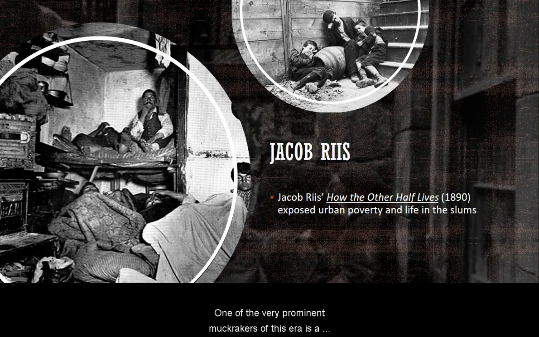One of the very prominent muckrakers of this era is a man by the name of Jacob Riis. Jacob Riis is a photojournalist, meaning instead of writing articles or writing books, he takes pictures.